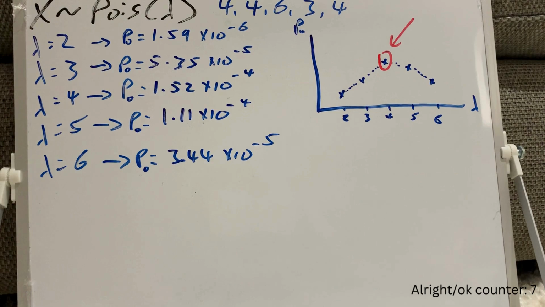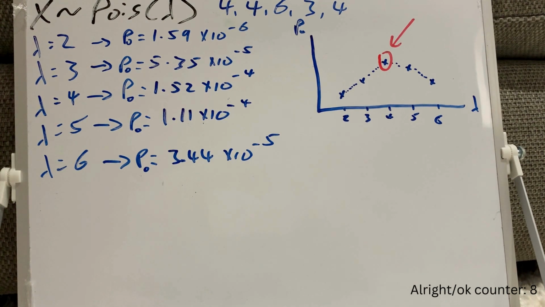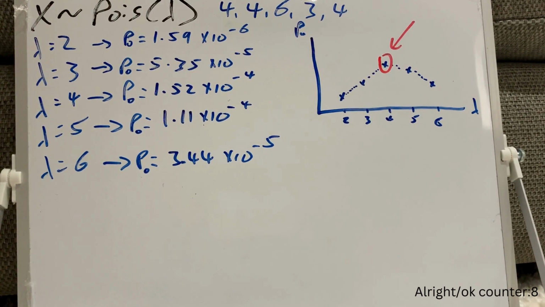And that makes sense. It's unlikely to be 6. It's unlikely to be 2. You probably guessed that, but those are the calculations. It's intuitive. We're just looking for the value that maximizes P. Obviously the Poisson distribution is a discrete distribution, so it's not continuous, so it's a little bit icky, but that's the essence of what we're doing.